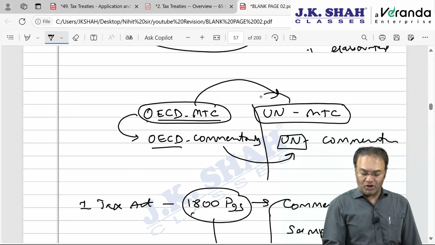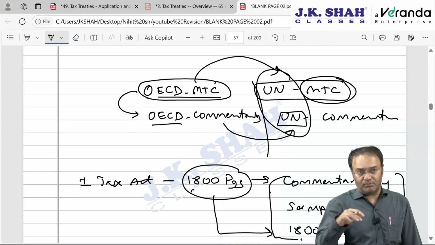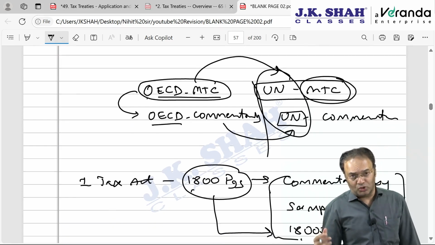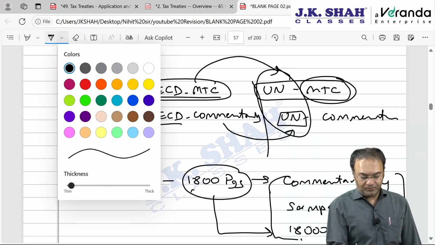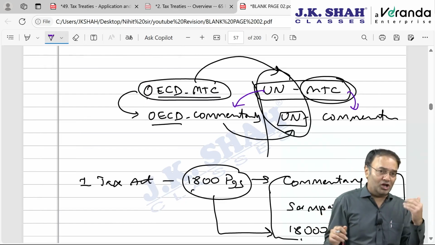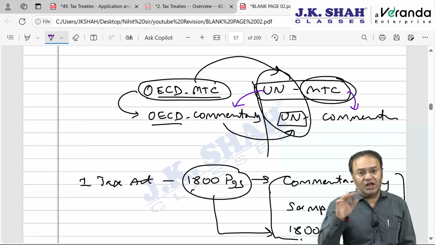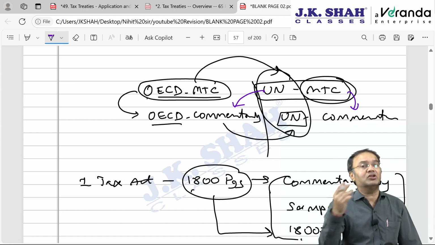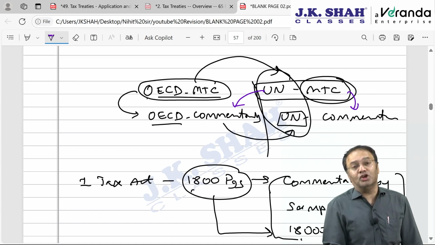Those countries which are following the UN Model Convention, whether after modifying or without making changes, can follow either UN commentary or OECD commentary, because both are not mutually exclusive. It's not that if you're following this, you can't follow the other one. This is not any religion that if you are following this religion, you can't follow another religion. Both things can be followed by those who have adopted the UN Model Convention.